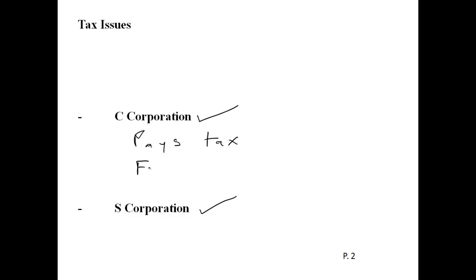One of the reasons that people will form C corporations is there can be advantages of non-taxable fringe benefits coming from the C corporation to a shareholder. In an S corporation, that income will flow through to the shareholder.